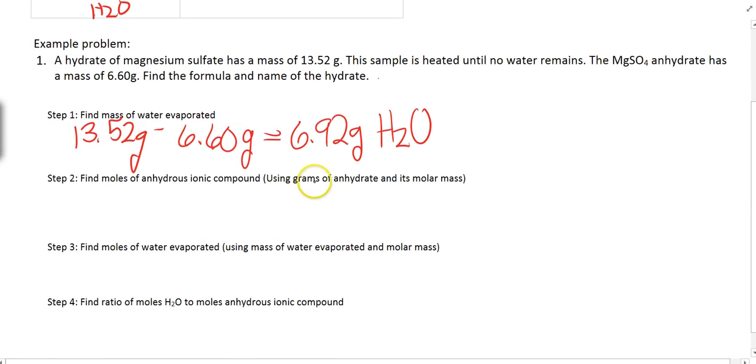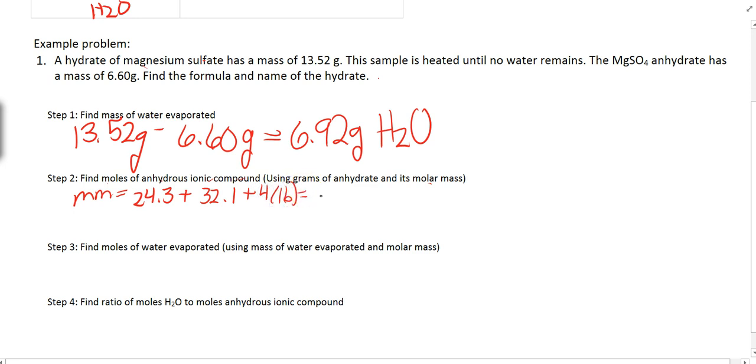So to do that, we're going to go from grams to moles using the molar mass. So in this case, our ionic compound is magnesium sulfate, so let's find its molar mass. So let's see, magnesium weighs 24, oh yeah, you're definitely going to need a periodic table. 24.3 grams for the magnesium, sulfur weighs 32.1, and each of the 4 oxygens weighs 16.